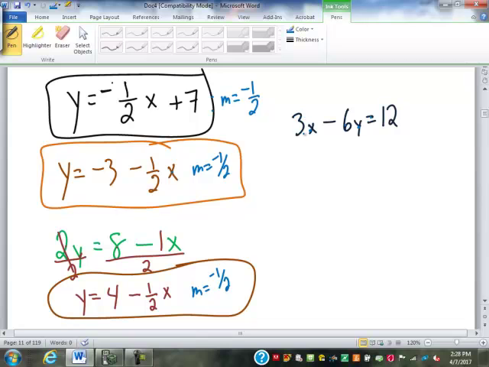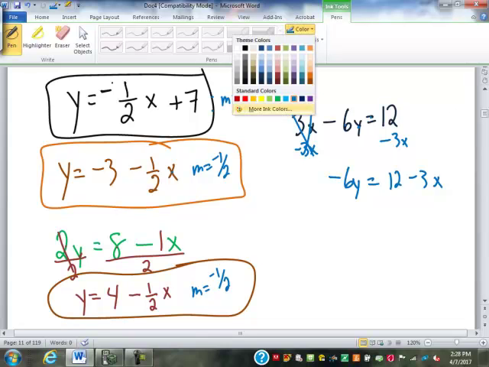I'm not just separating the 3 from the x. So I have to subtract 3x, actually. If I was separating the 3 from the x, then I would divide them because they're multiplied. But that whole 3x has been added to the y. So to get rid of it, I subtract the whole thing. What's left there right now is negative 6y. And on the other side, I have 12 minus 3x.